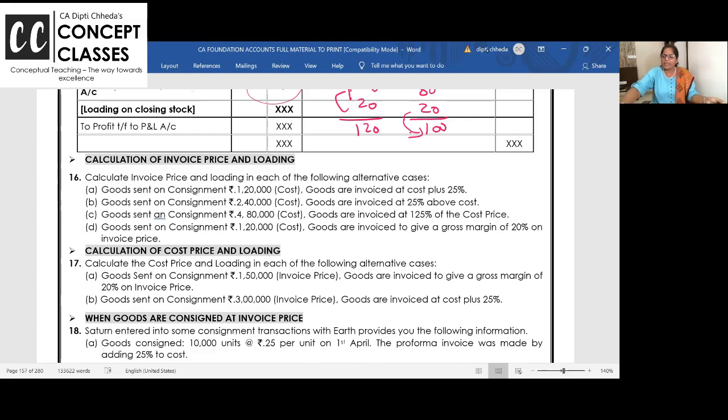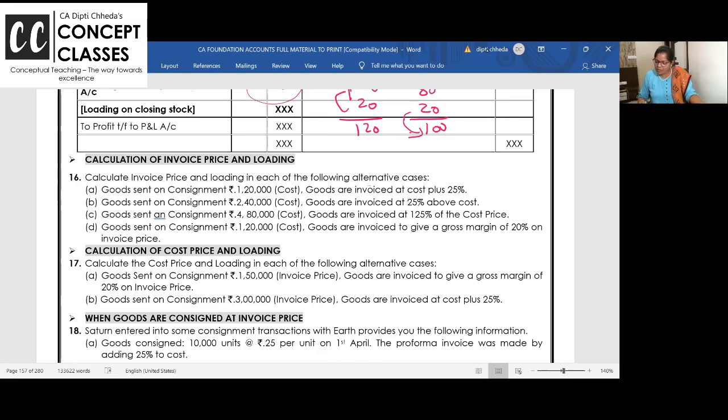Okay, right? Let us do it right now. Problem number 16. Just for the practice of the equations we are doing. Calculate the invoice price and the loading.